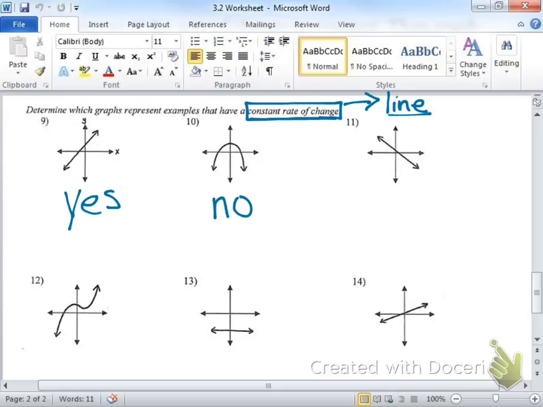Number 11? Yes. Number 12? No. 13? Yes. And yes, good. So again, this comes right from number 5 in your notes. If you are graphing data with a constant rate of change, you're going to get a straight line. Any questions? The rest of this worksheet you should be able to do. You have the rest of class to finish it. If you don't get it done, it is homework and due tomorrow.